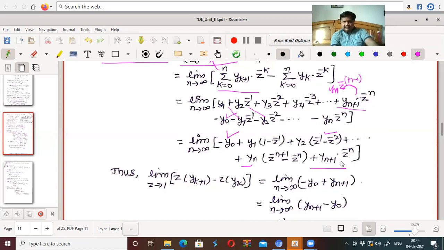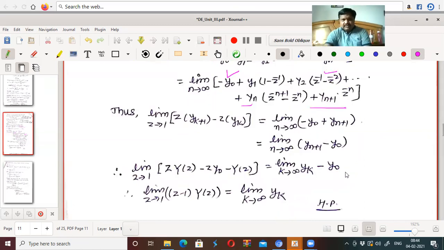Now by putting z equal to 1, or by taking limit as z tends to 1, what will happen here? It will also tend to 1. So we get limit as n tends to infinity, this minus y0 plus yn plus 1 only, which is equal to limit as n tends to infinity. Now this is just rearrangement, taking yn plus 1 firstly and then y0 secondly.